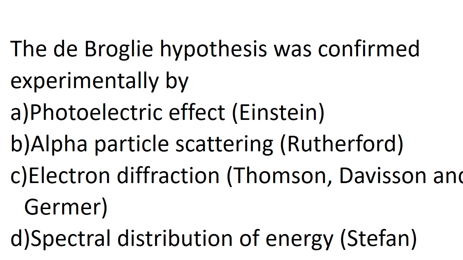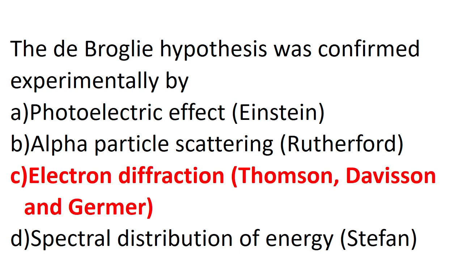De Broglie hypothesis explains dual nature of electron or light or other small particles. So it is confirmed by the experiment carried out by Thomson, Davisson and Germer, that is electron diffraction experiment.